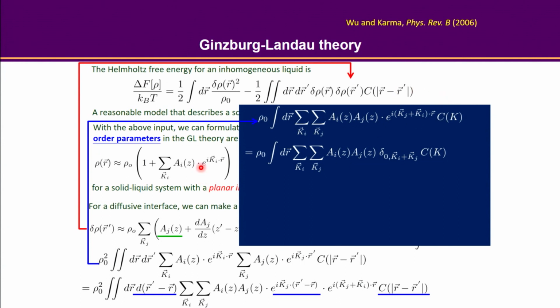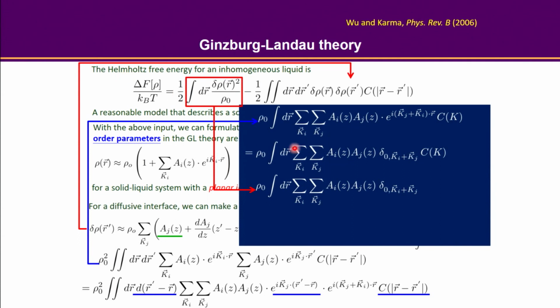One is exponential i K_i dot R, the other is exponential i K_j dot R. So even without doing any calculation, I can say this term will exactly have the same structure. The only thing different is there will be a c(K) coming out because there's correlation for the previous term. But here, just a simple coefficient 1/2, and that's it, right?